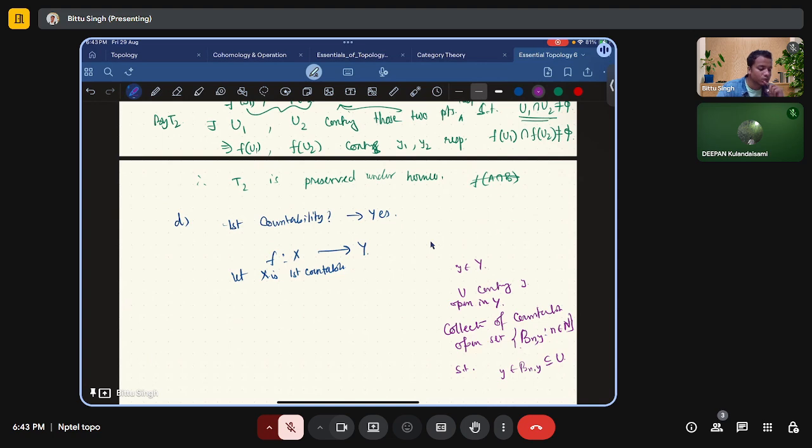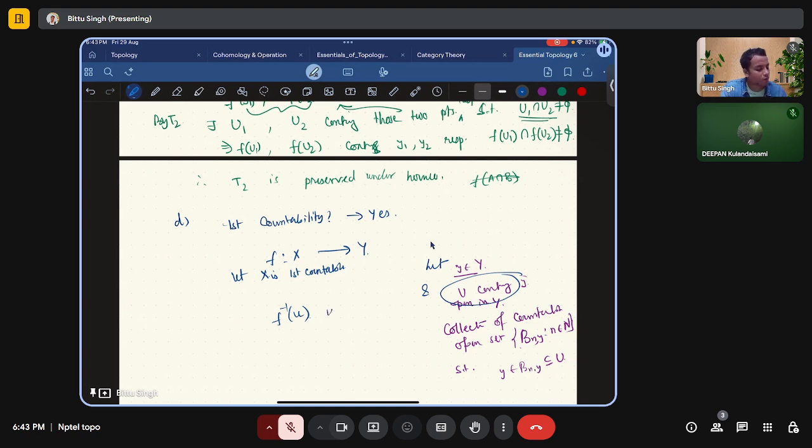So we can use the fact that f is continuous, so for any given point y and a given open set U containing y, take the inverse image f inverse of U. This is open. Let y belong to Y and U be an open set containing y.